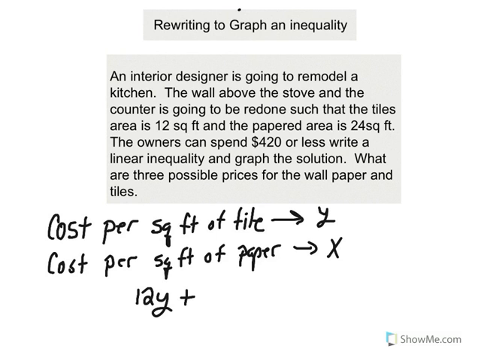So that's 12y. The total cost of the paper is the cost of the paper per square foot times the total square footage. So that's 24x. We know that has to be less than or equal to $420. So there's our linear inequality. Now we just have to graph it.